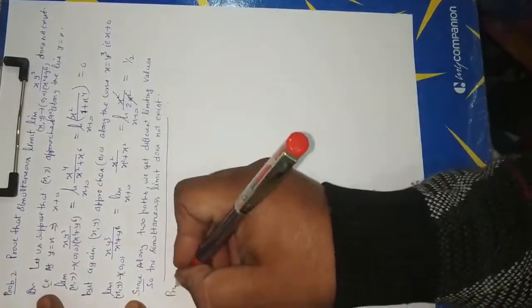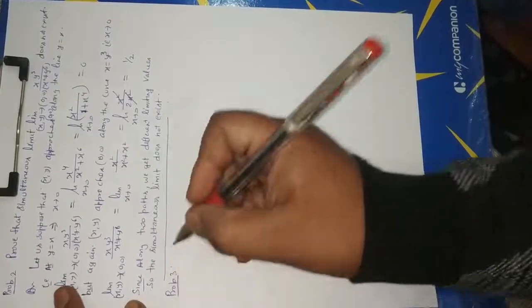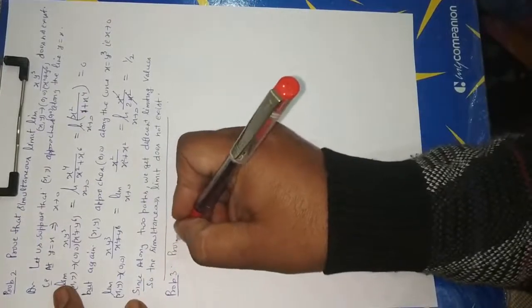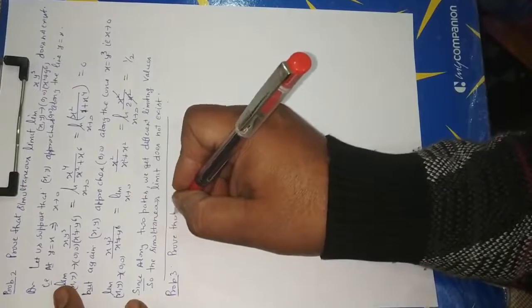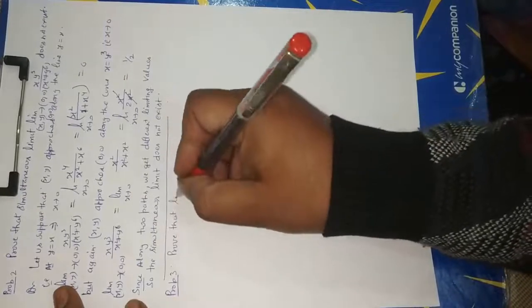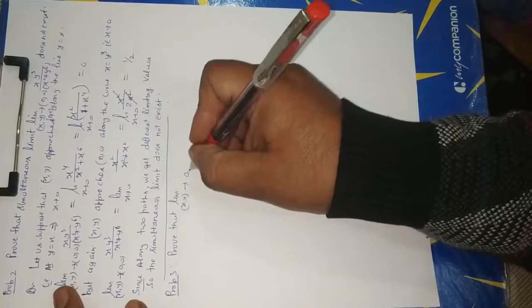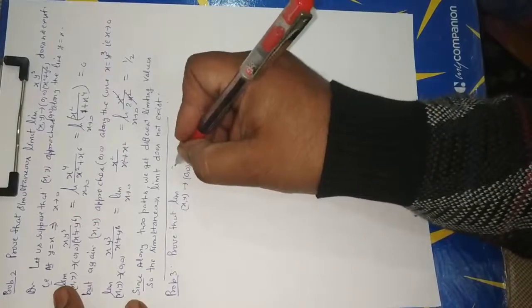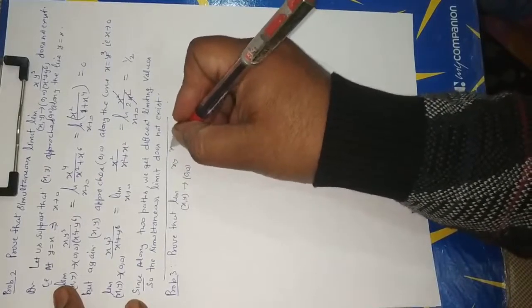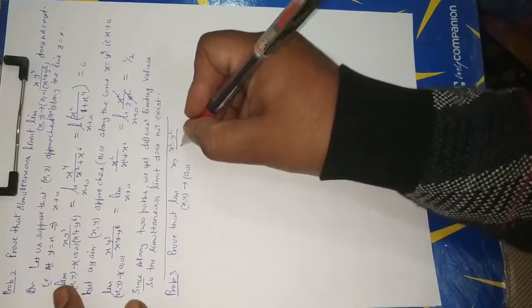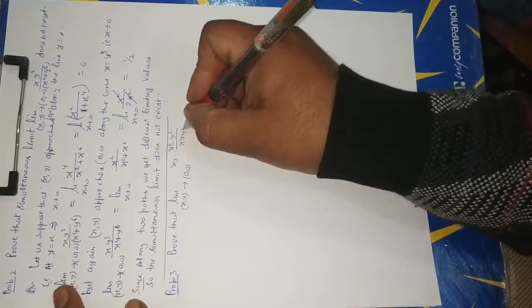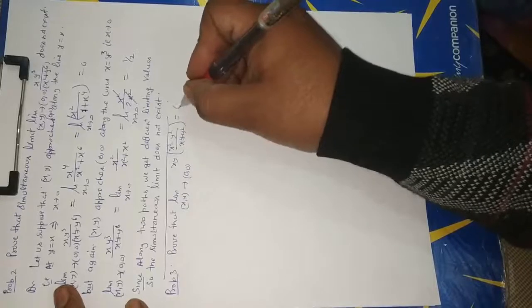Okay. Now the third problem. Prove that limit (x, y) tending to (0, 0) of xy(x² minus y²) upon x² plus y² equals 0.